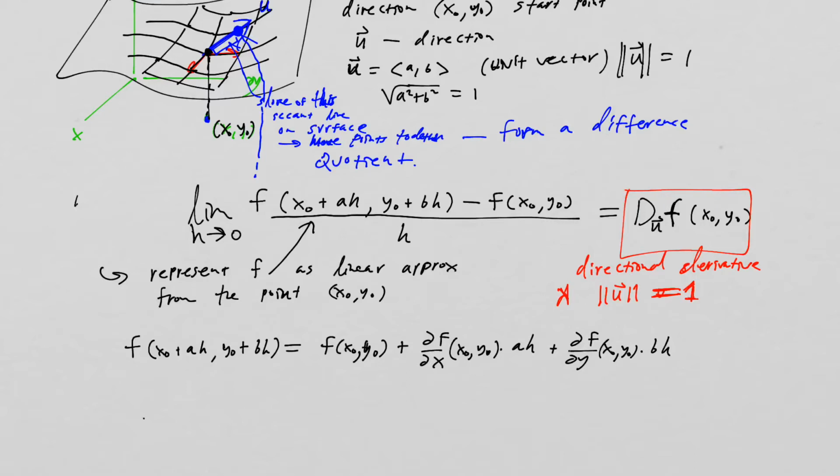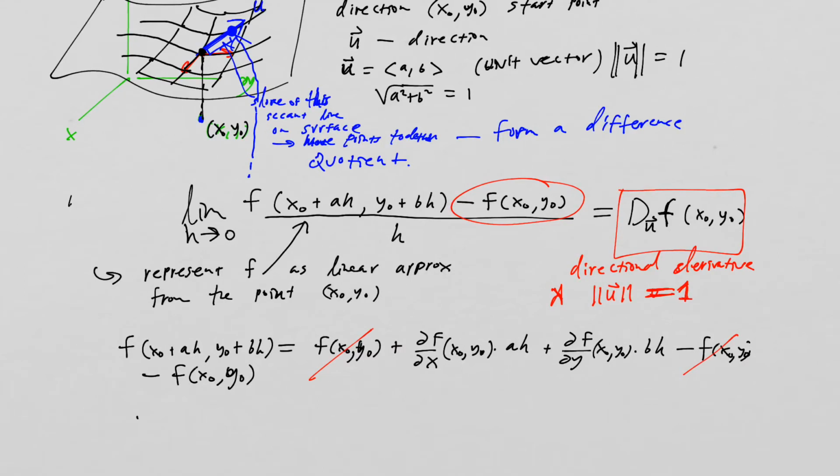But now notice that if I take the difference there, so now what I'm going to do is I'm going to minus that from it. I'm going to minus here f of x naught, y naught. You see clearly that these will cancel. All right. So now if I look at my difference quotient again, let's just select it and go to the next page.